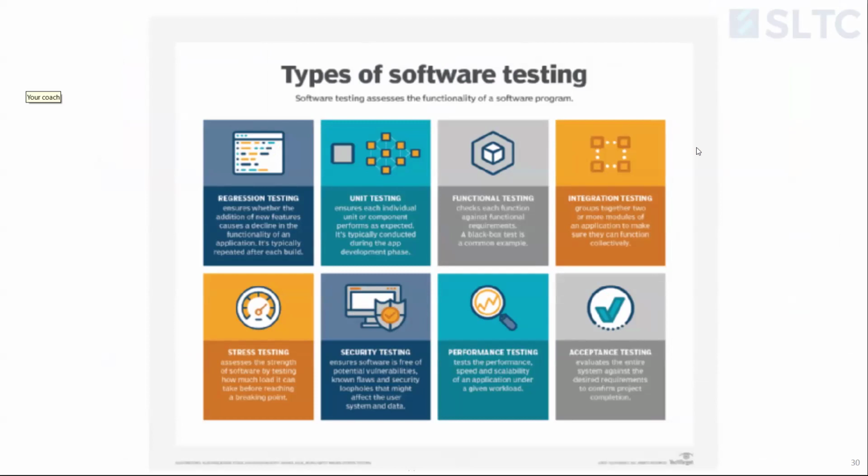This is another basic one which I thought may be interesting. What kinds of software testing are available? Regression testing, unit testing, functional testing, integration testing, and then there is acceptance testing or UAT. That's a very famous one. You develop the software, you test everything is right, and you're about to give it to the customer. And then you say, customer, please do a UAT.